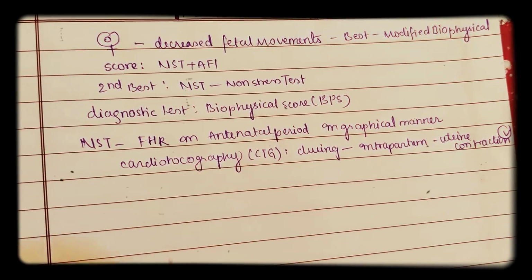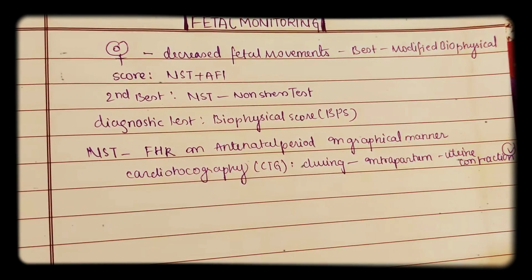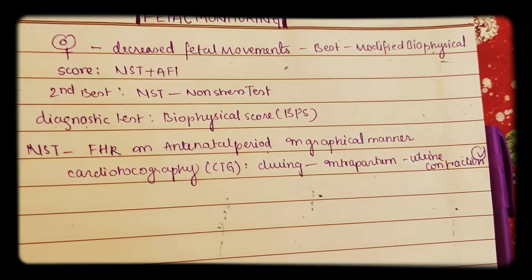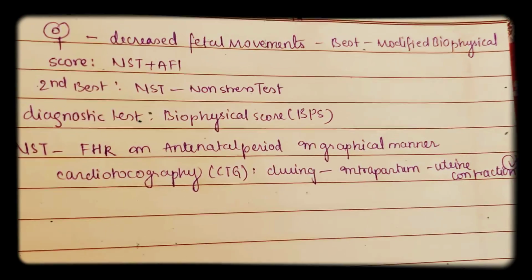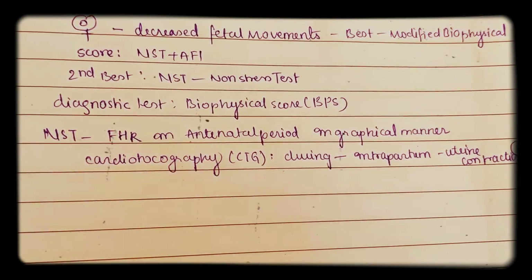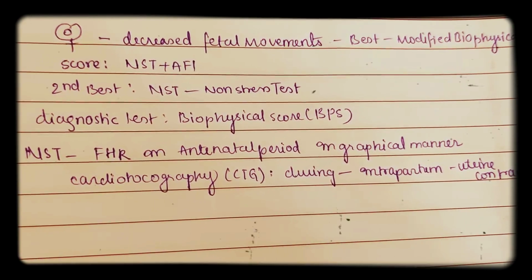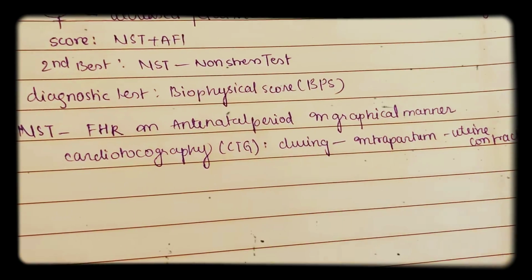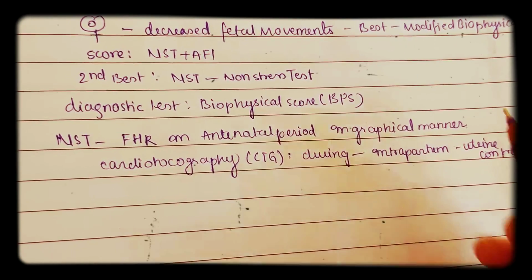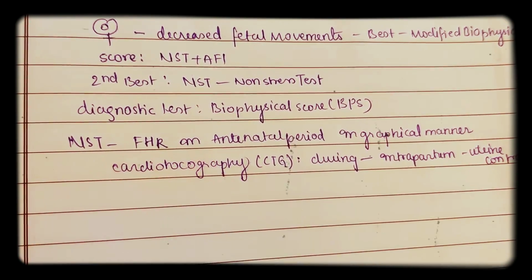So this is very important. NST means it is the fetal heart rate which you see in the antenatal period in a graphical manner. Cardiotocography means it is the same NST test but which you do in intrapartum, that is at the time where there are uterine contractions.